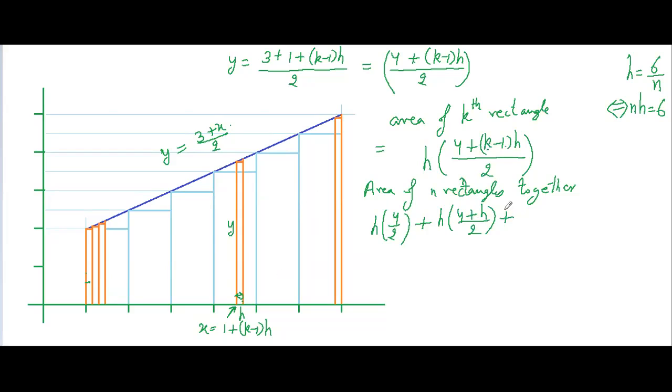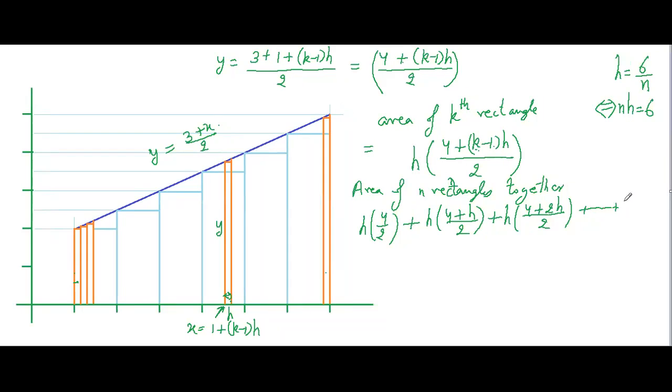So this is h times 4 plus 2h divided by 2 and so on. For the last, that is the nth rectangle, k will be n. So this will be h times 4 plus n minus 1 times h divided by 2.